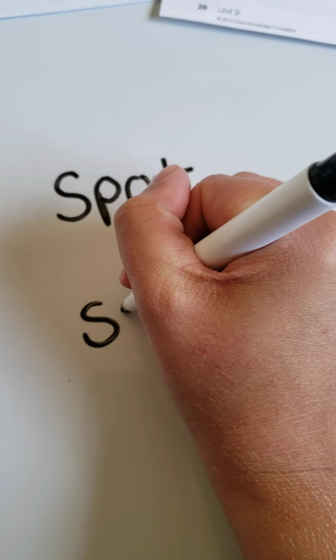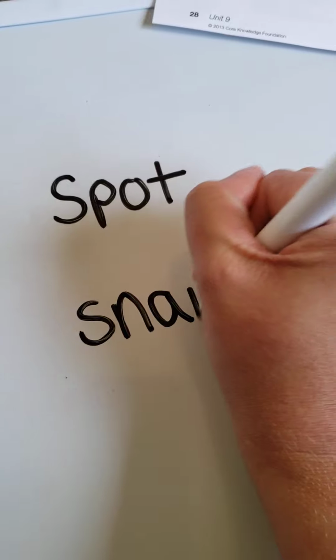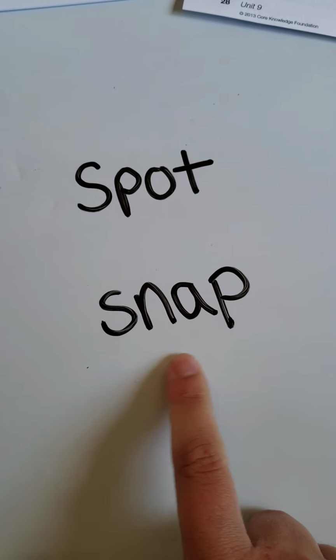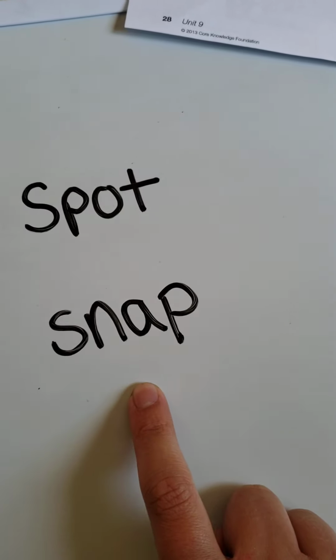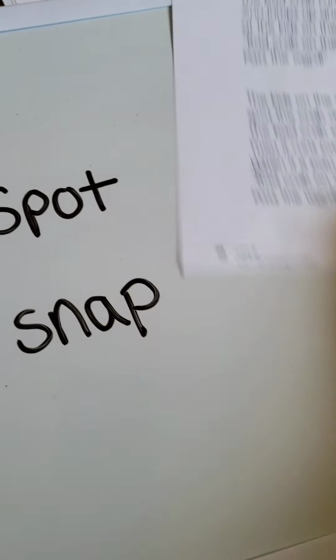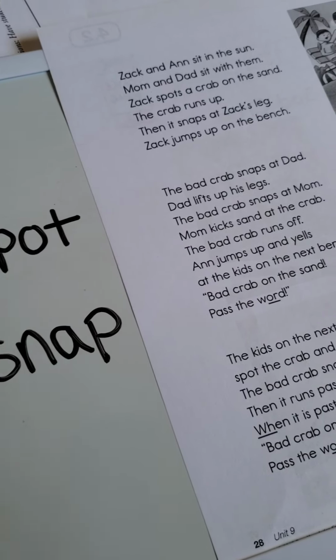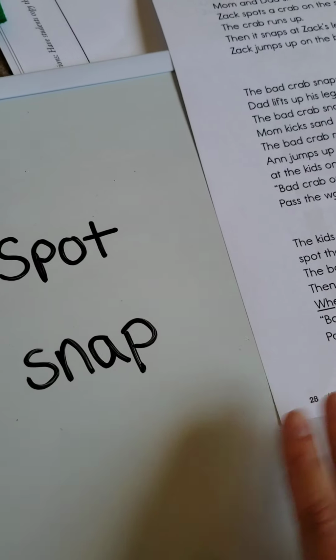Okay? The next word is snap. Snap. So snap means to try to bite in an angry way. So turtles can snap at you, and in the story, it was the crab that snapped.